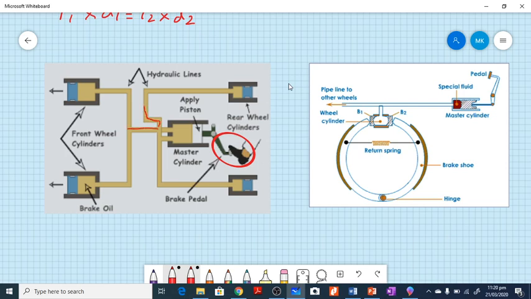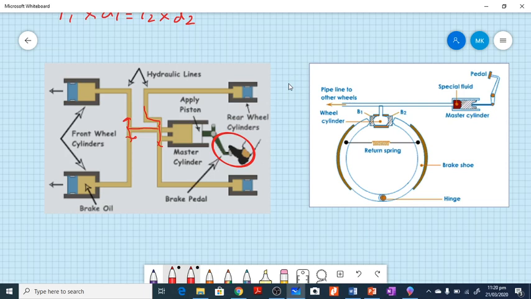It will go on this side. From here it will go there. It will go in the downward direction, and similarly the fourth one, it will go in this side, and it will generate equal pressure on all four wheels.